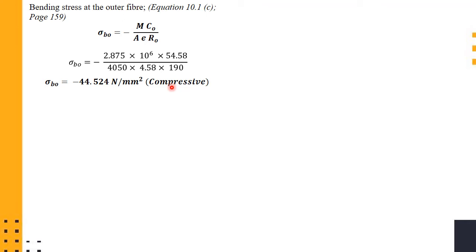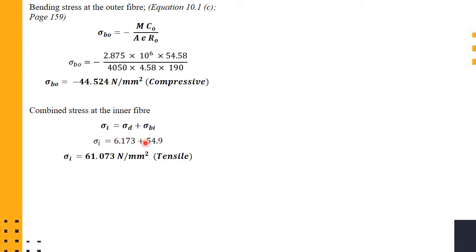Now we have calculated the direct stress as well as the bending stress at inner and outer. So now we can combine those stresses, that is, calculate the combined stresses at the inner fiber and outer fiber. The combined stress at the inner fiber will be direct stress plus bending stress at the inner fiber.